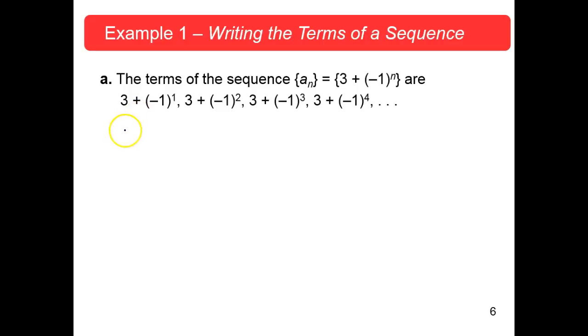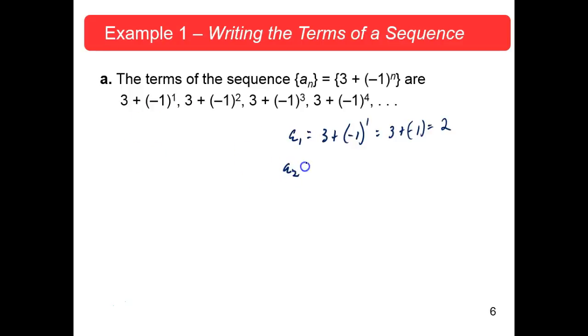If this is your a sub n, then a sub 1 would be 3 plus negative 1 to the first power, which of course would be, negative 1 to the first, that would be 3 plus a negative 1. And what would that be? 2, right?